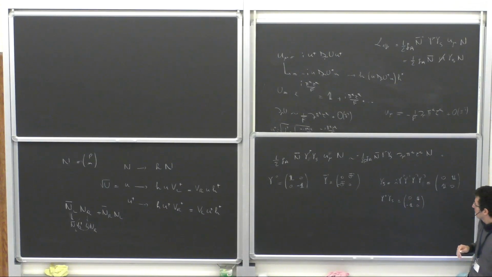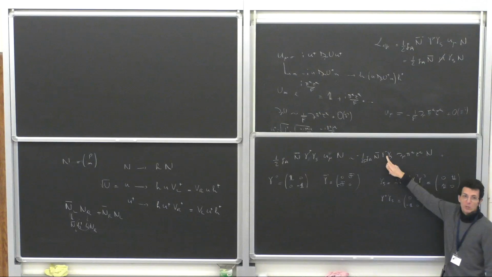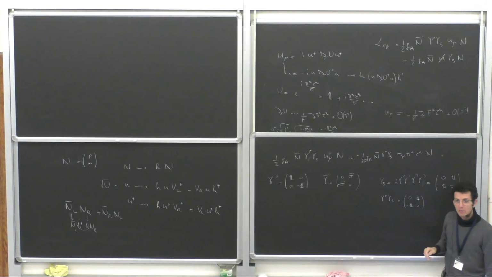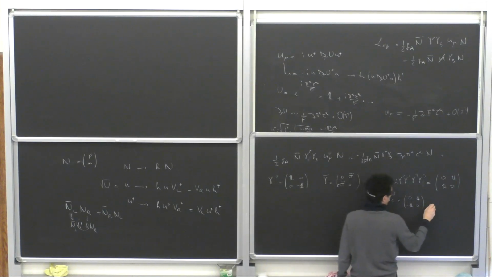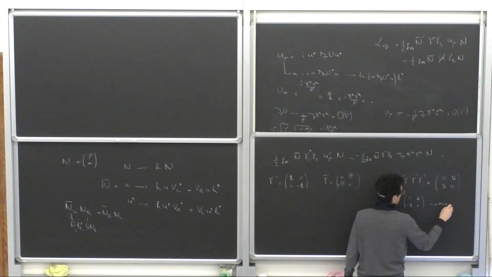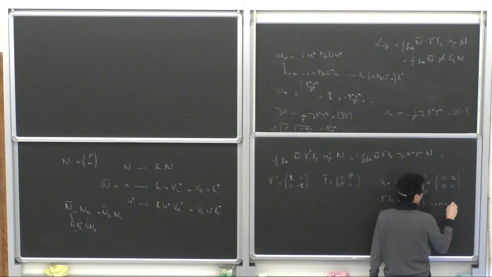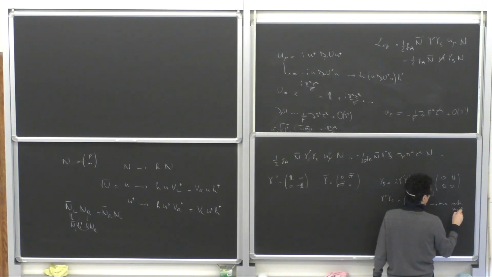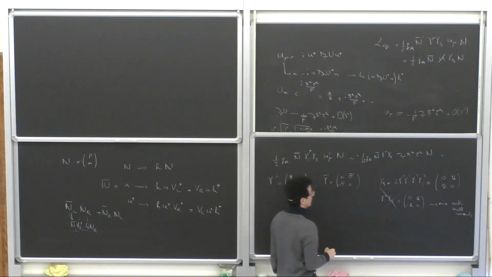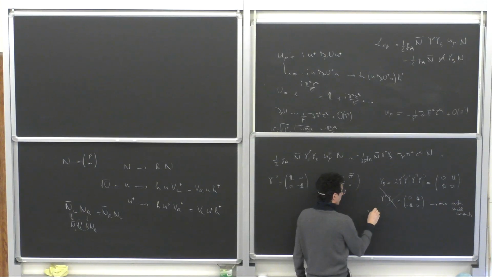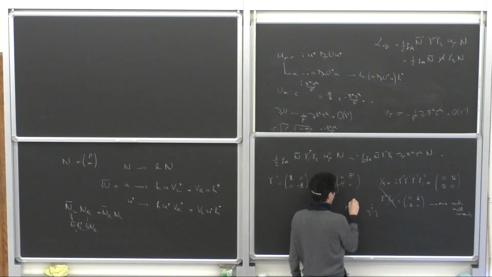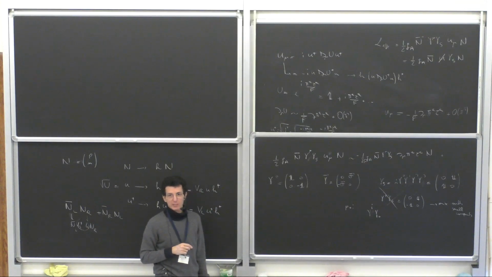The most important part will come from the case in which this Lorentz index is space-like. Mu is equal to i. The temporal case mixes with small components, so this we can disregard. Instead, we have the case when mu is equal to the space-like index i.